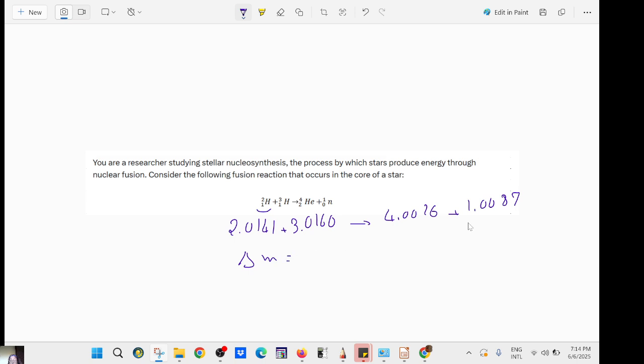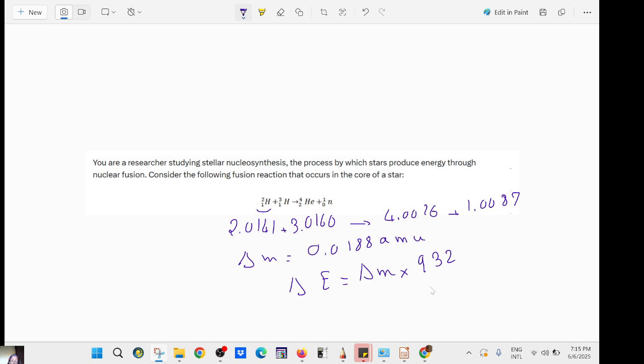Okay, so you add them together, and then you do the subtraction, and you will get something like 0.0188 atomic mass unit, right? So to find the energy released, you just have to multiply that mass defect times 932.